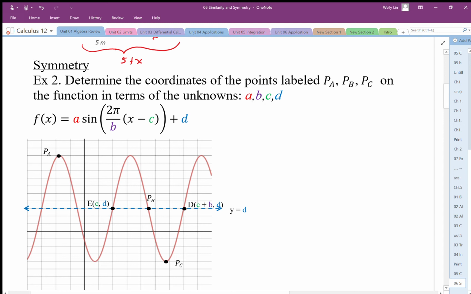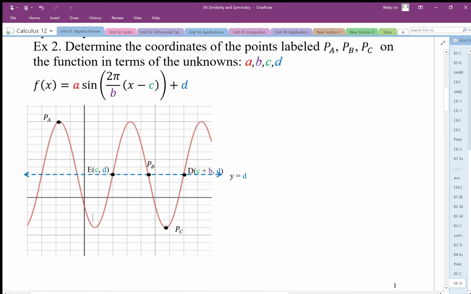Here I've given the general equation, a sine of 2 pi over b, x minus c, plus d. We know that the vertical shift is plus d. We have a horizontal shift of c, a period of b, and an amplitude of a.